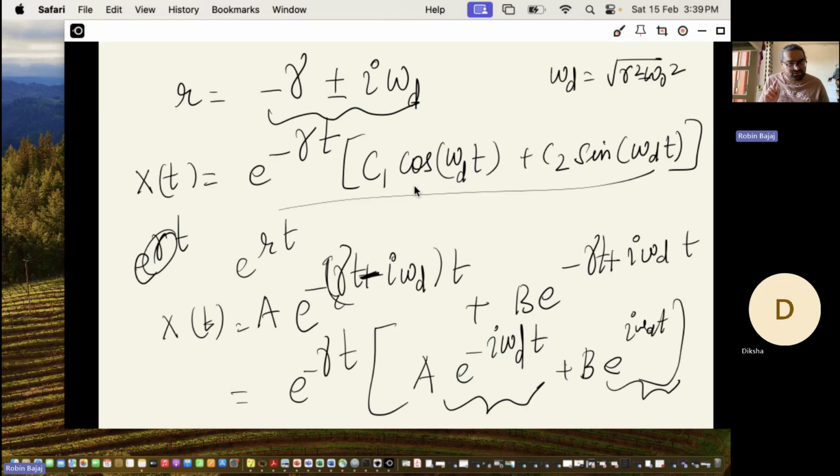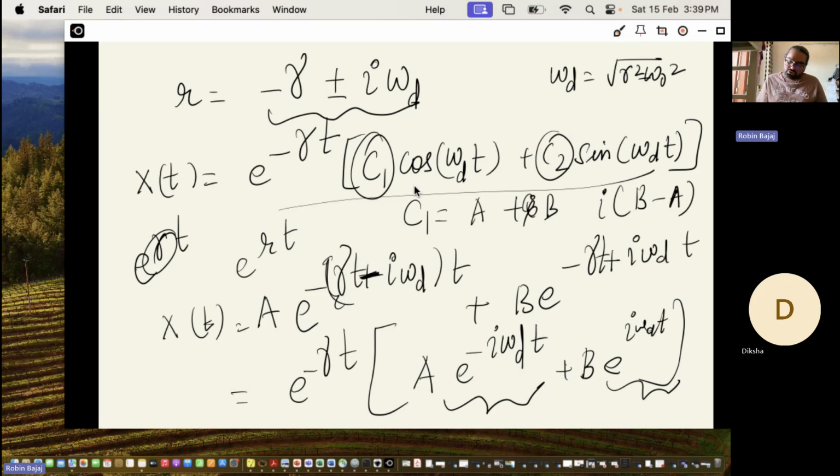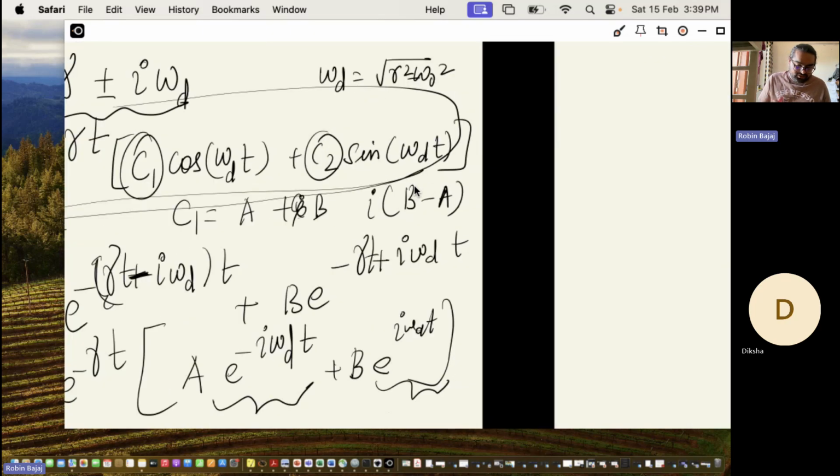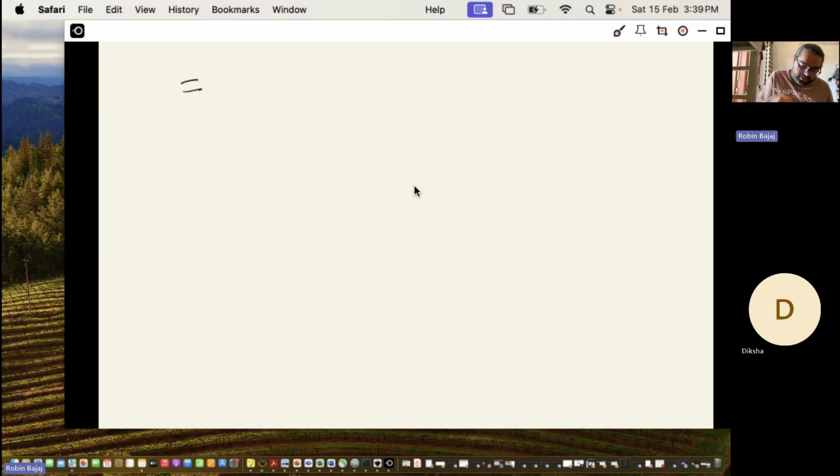Keeping the constants together, you will see C1 would be a plus b, and C2 would be i b minus a. So you'll get the final solution as this. If you write it in another form by using the cos and sine rule, you can go to that as well. That's for you to see.